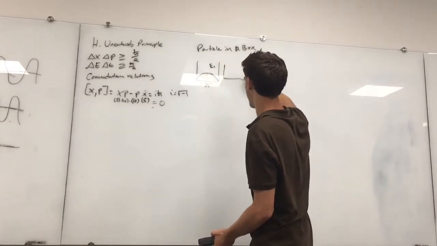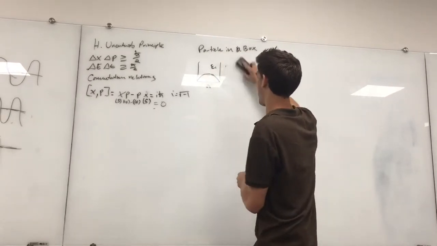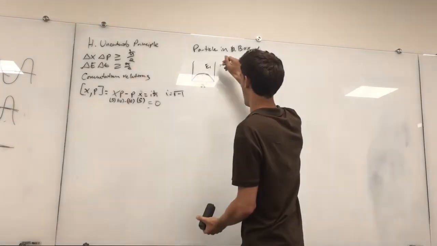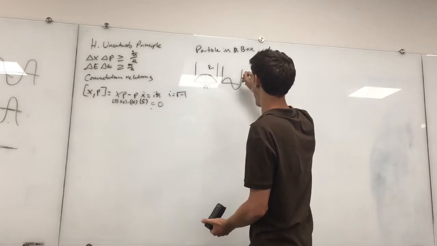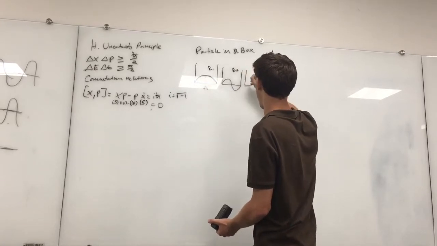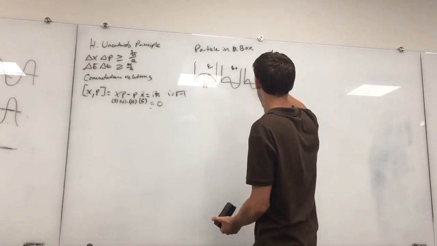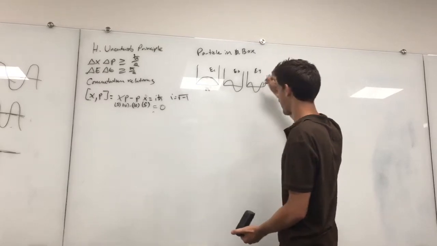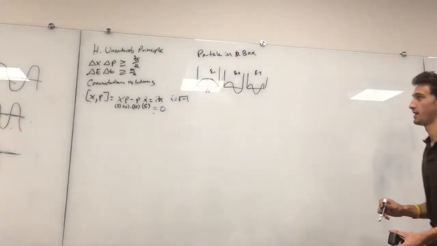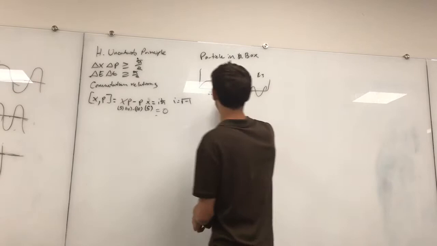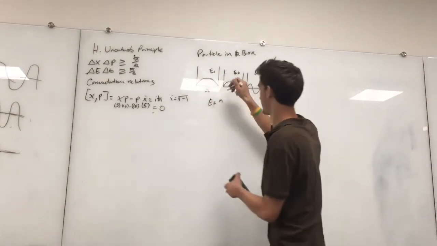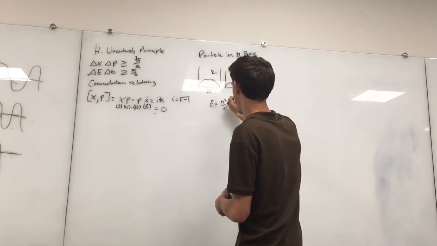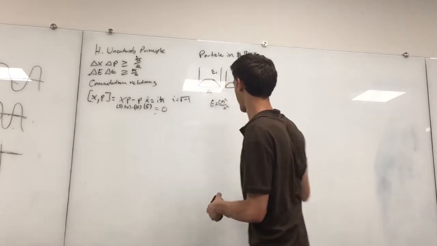The second energy it could occupy, and this is where quantum comes in, because it could only occupy certain discrete quantities, is energy 2, energy 3, and so on. And these energies have a simple form, n squared over A squared times C.